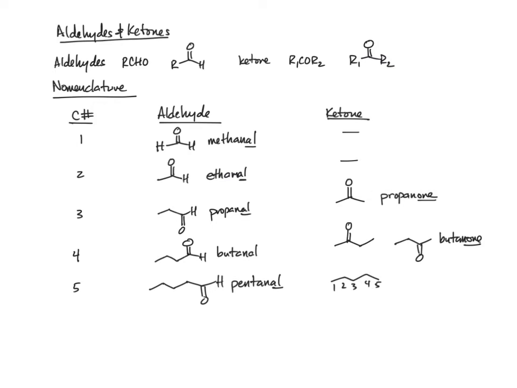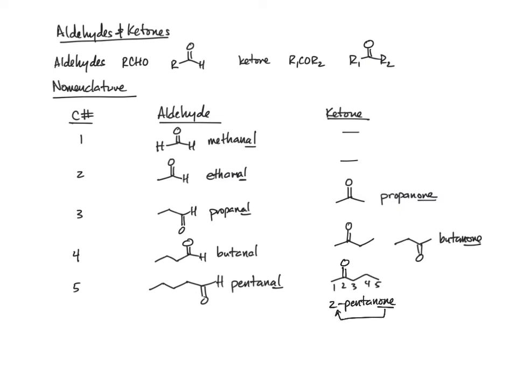Let's go ahead and draw the first one. So we actually now have to specify where the location of the carbonyl is. And so we're going to do that by saying 2-pentanone. So O-N-E specifies that it's a ketone.